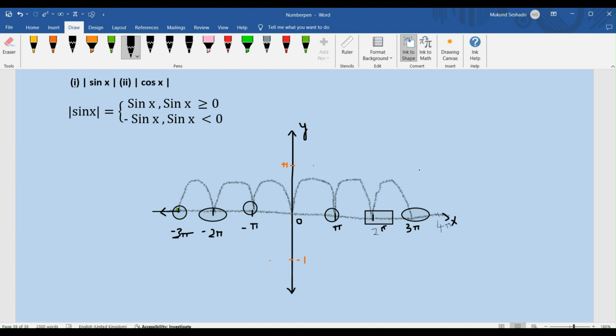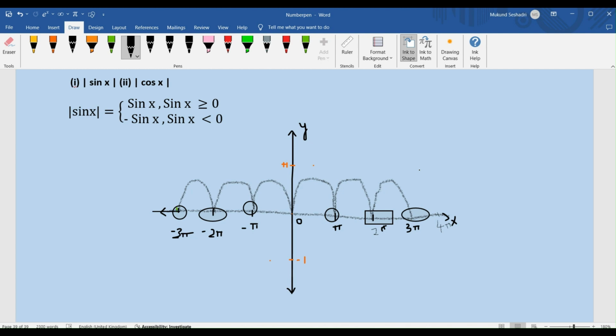So at these points the slope of the tangent to the curve undergoes a change in direction, right? And like we saw in our previous video, these points x equals n pi are sharp edges for the curve mod of sin x. Therefore, we don't have to explicitly work this out using first principles.